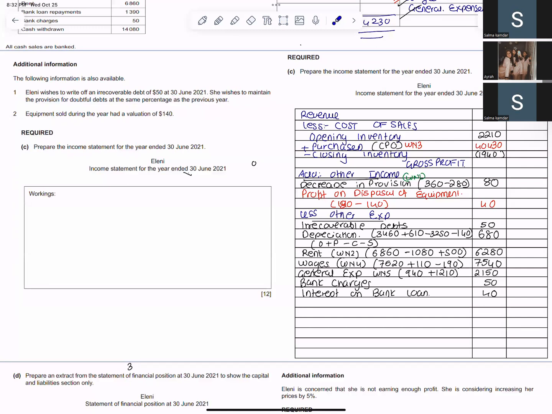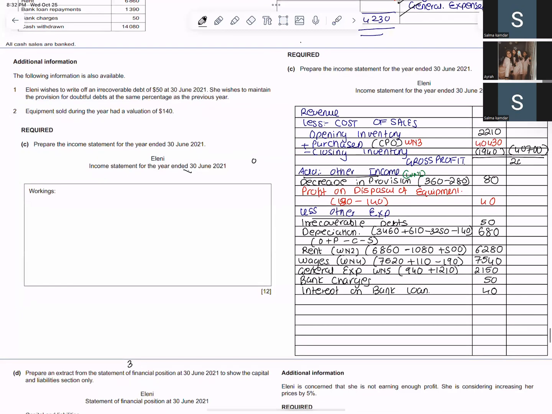Now I just need to do the total. What is my cost of sales? Your cost of sales total is 40,700. What is my gross profit? Gross profit is 2690. What is my other income? Other income is 120. What is the total amount?